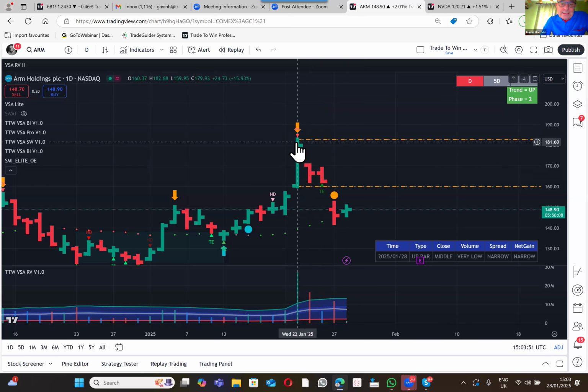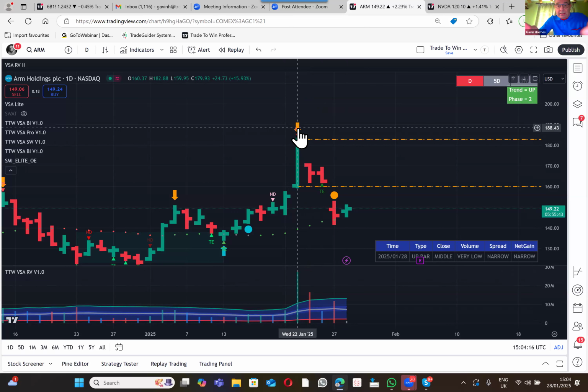So supply in the market with this massive volume, well in excess of anything I've seen, has overcome demand. And then the SMI indicator has said, yeah, market's turning.